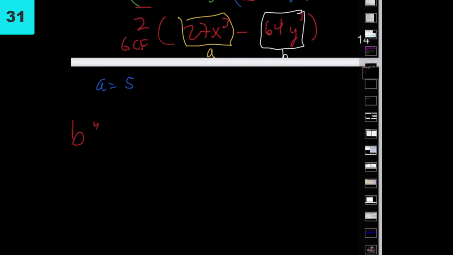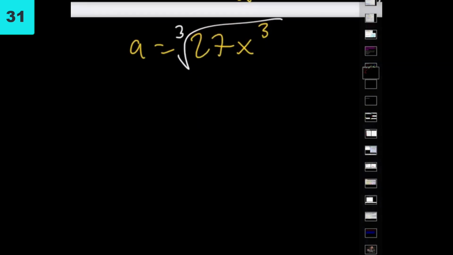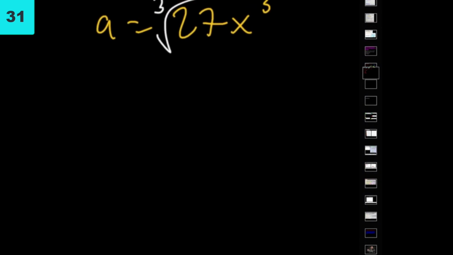Okay, so let's go ahead and find the a value. So we need to take the cube root. Let's break these up into factors, the same thing you did in greatest common factor. So this would be 3 times 3 times 3, x times x times x.